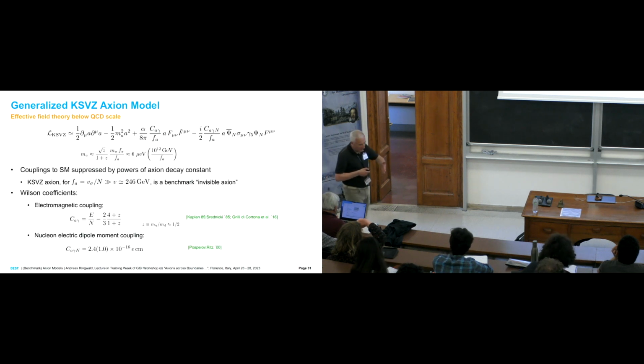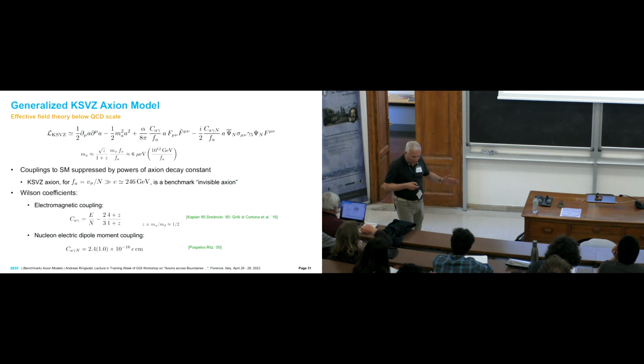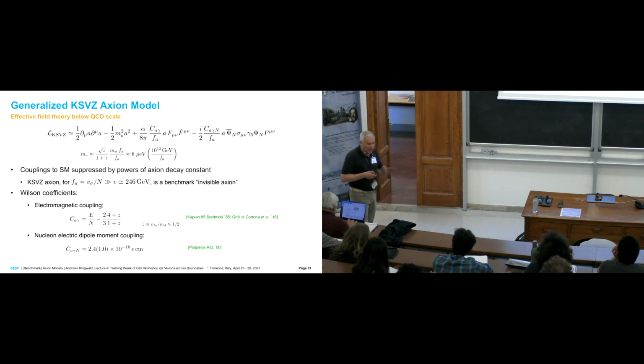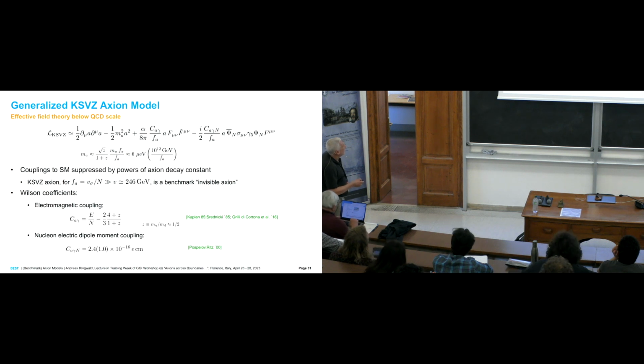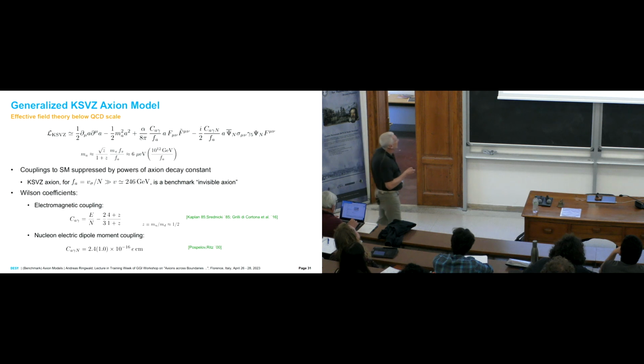Now we can go below the QCD scale using chiral perturbation theory. Then the effective interaction of the KSVZ model, of these generalized KSVZ models, will look like that. We will have a guaranteed interaction with photons, which comes from the mixing with the pions.